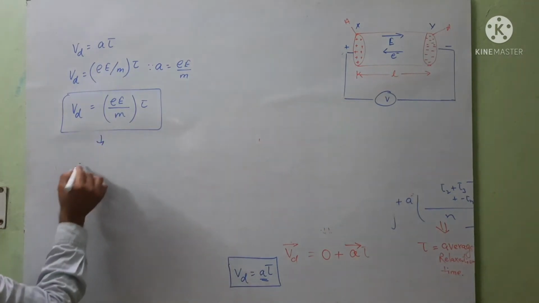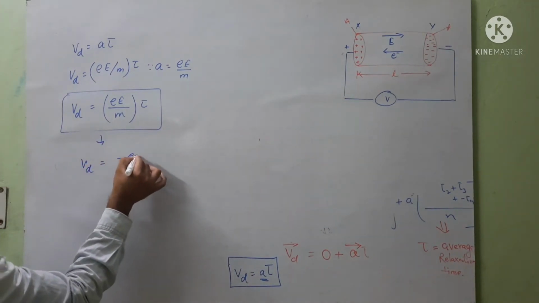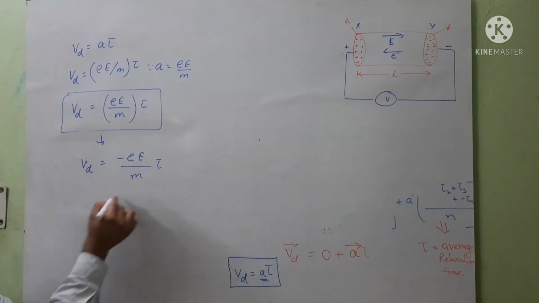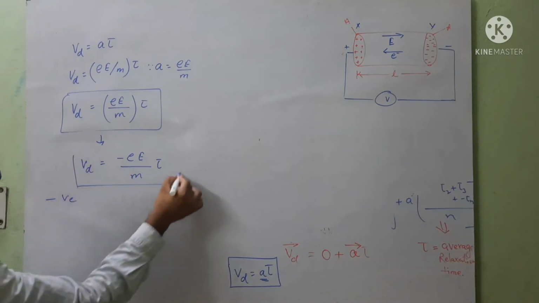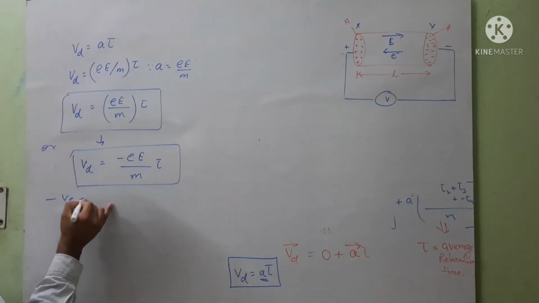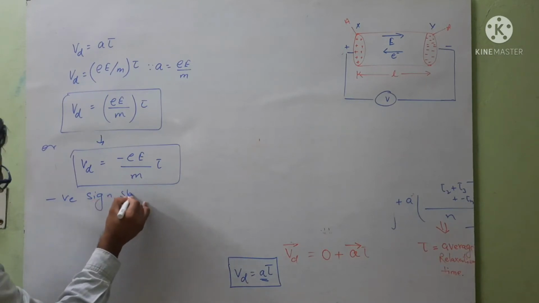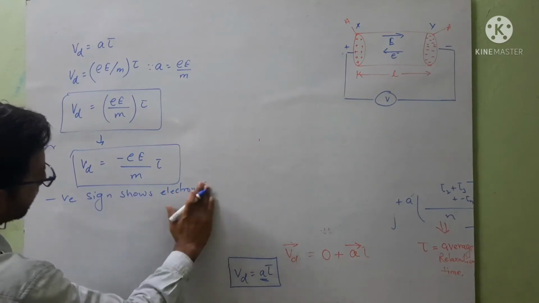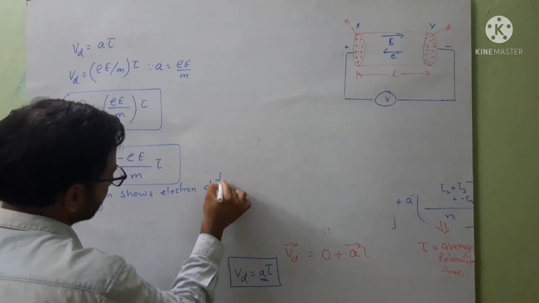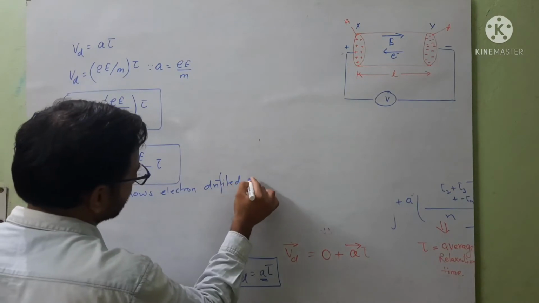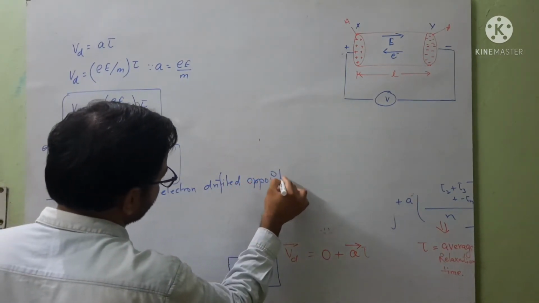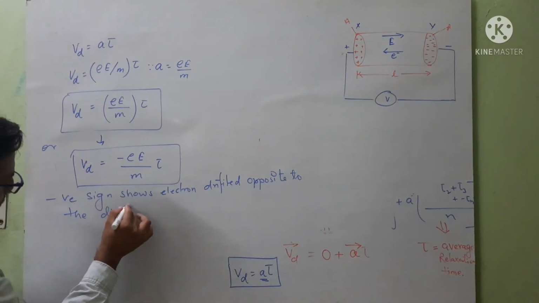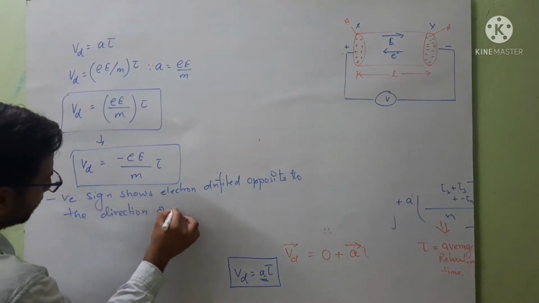You can see, if you write here the negative symbol for electron, the formula is this. Here the negative sign shows electron drifted opposite to the direction of the electric field.